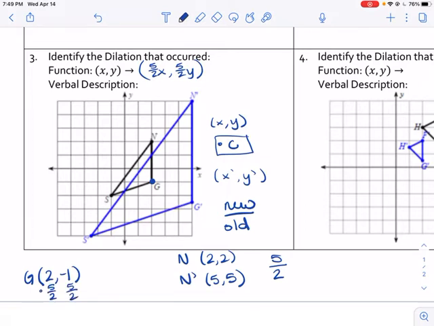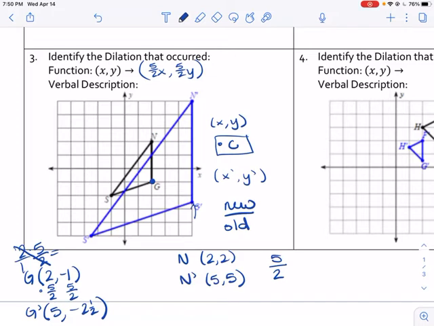And see if I get g prime. So according to this, my new g prime should be 2 times 5 halves. When I multiply that, the multiplying by 2 and dividing by 2 kind of cancel. So this is going to be 5, and then this is going to be negative 5 halves, which is like 2.5. So g prime is 5, 1, 2, 3, 4, 5, and then negative 2.5, which it is. Huzzah, we did it right.